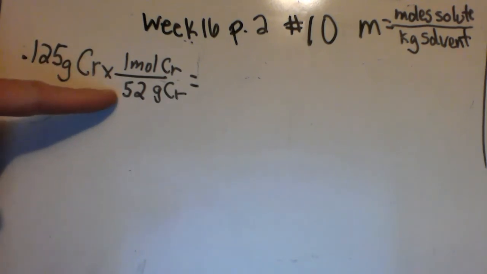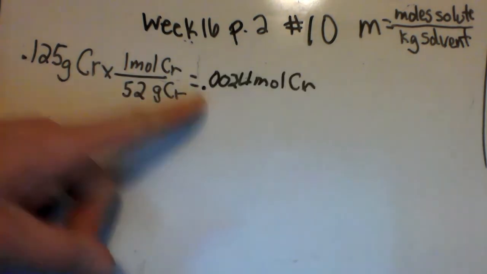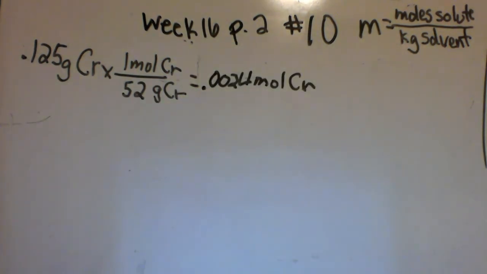We know that the molar mass of chromium is 52 grams. We know that by looking at its atomic weight on the periodic table of elements. Now we have to take 0.125 and divide it by 52. Now we know we have 0.0024 moles of chromium.